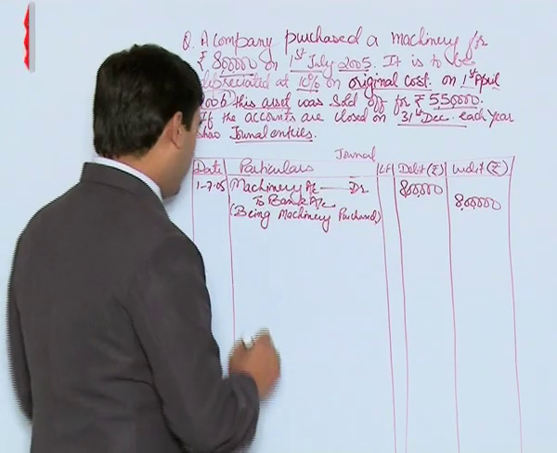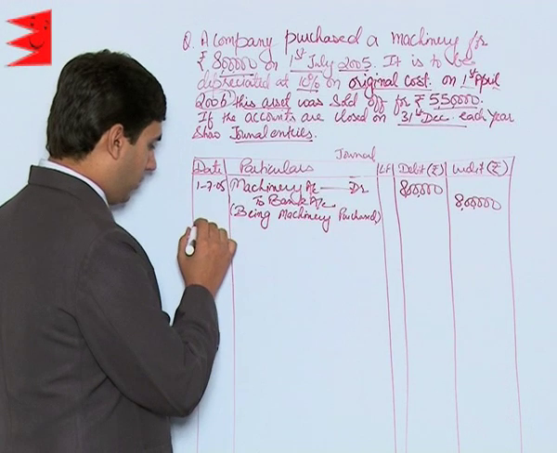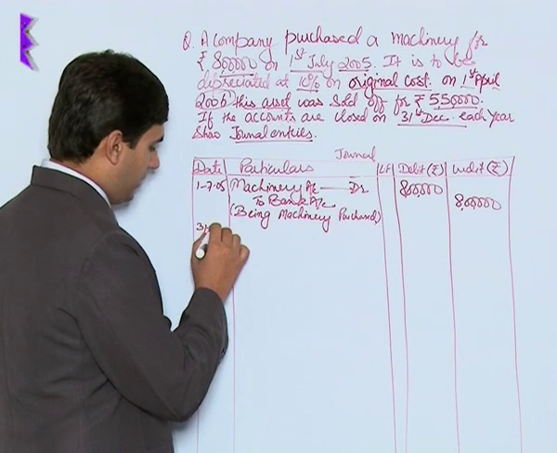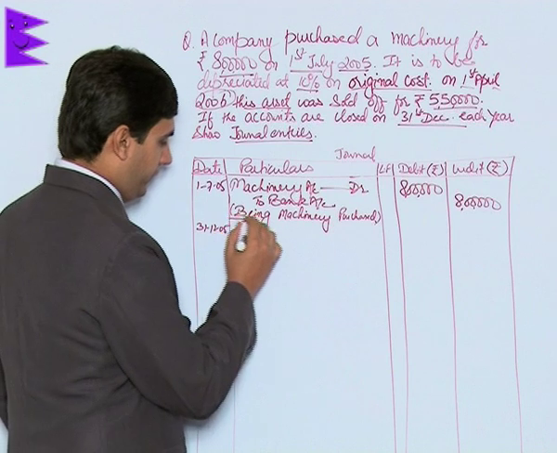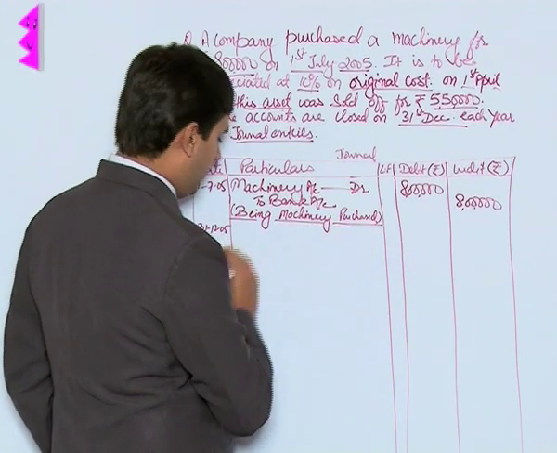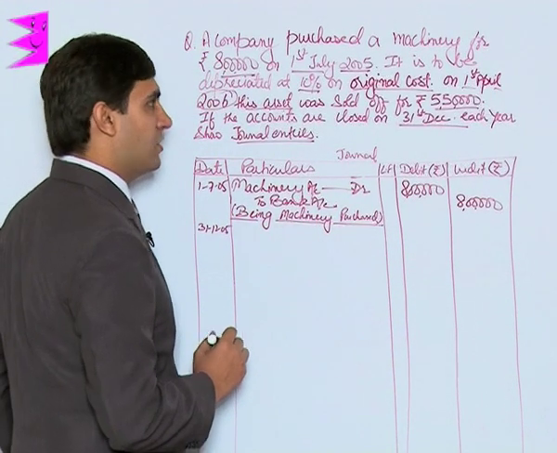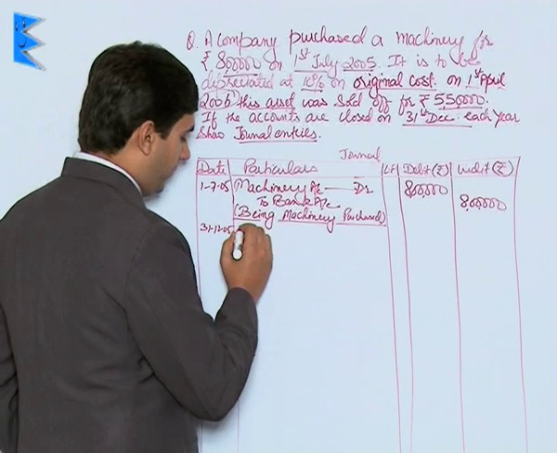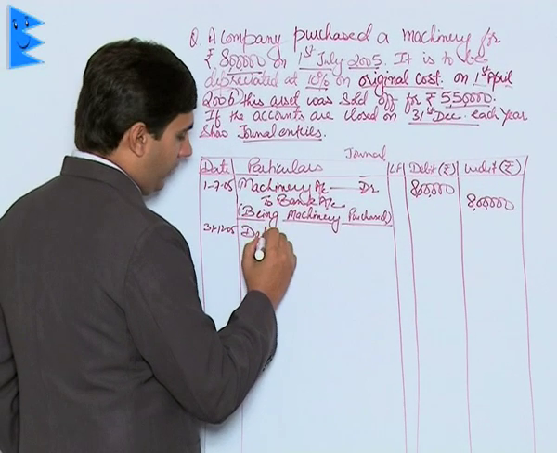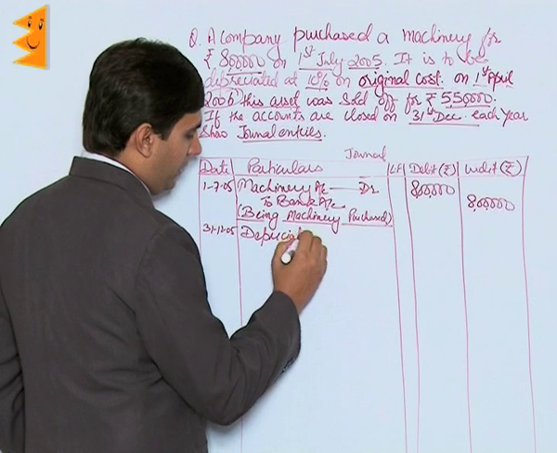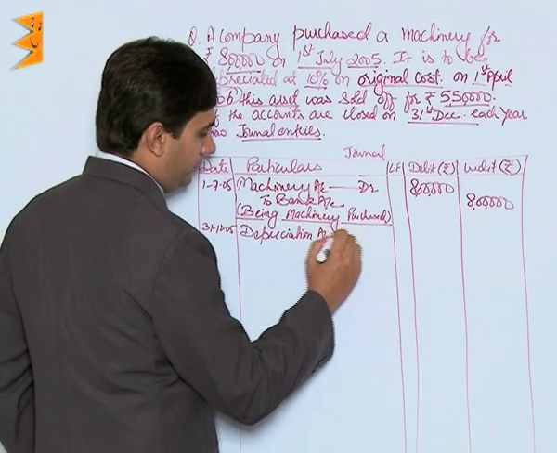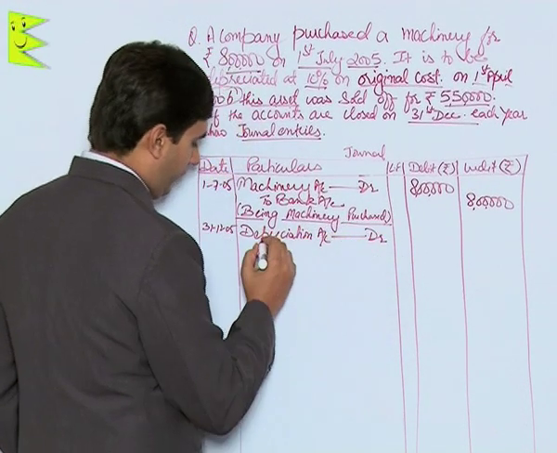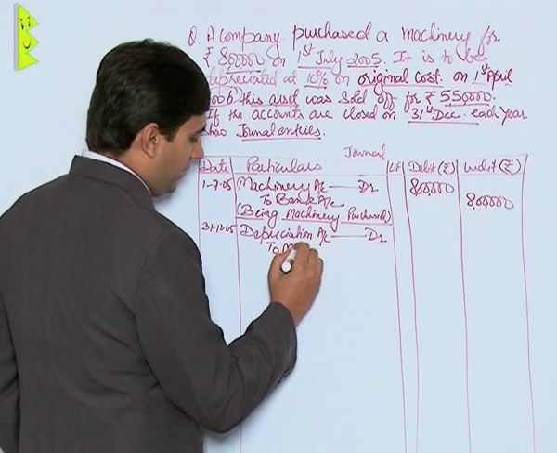Now students, at the end of this year, the year is ending on 31st December 2005. At the end of this year, depreciation would be charged. So the entry would be depreciation account debited to machinery account.